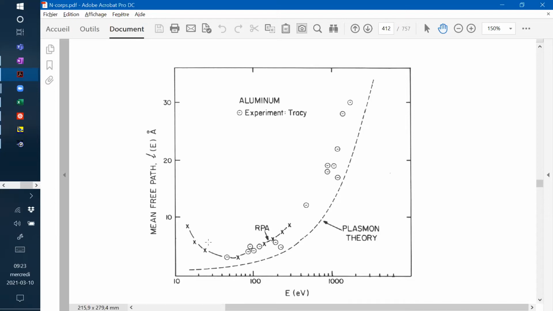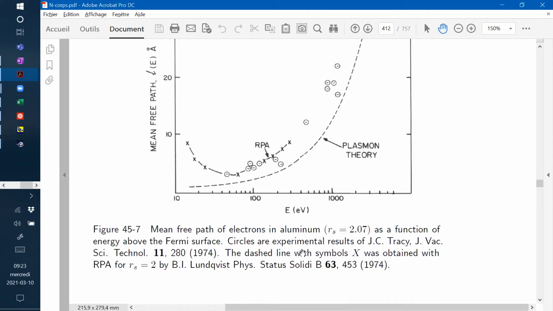So this is the calculation from RPA, these are the crosses here, and the experiment are these open symbols here. And Plasmon theory just means that you take into account just a single peak in the susceptibility. You just assume that everything is in the plasmon. I think that's what it is. I'm not sure. And this is for aluminum, so you see it doesn't work that bad.